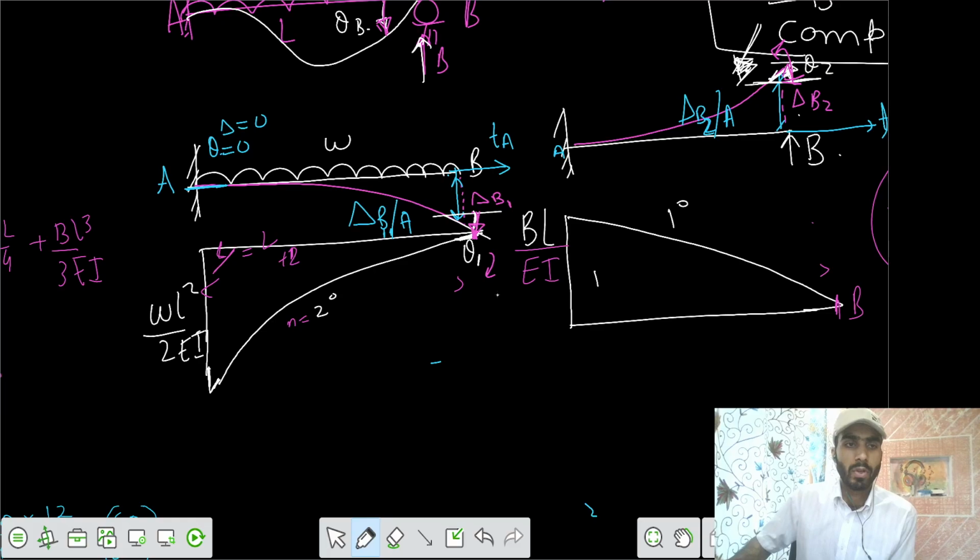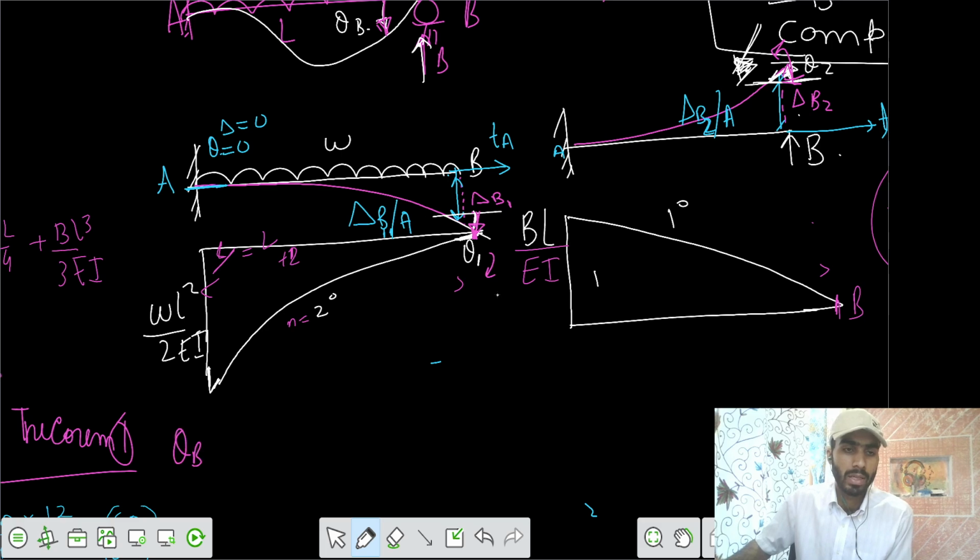So theorem 1 says theta forward minus theta backward, that means theta BA, so you have to draw a tangent from point A. That value is in the same direction as theta 1.